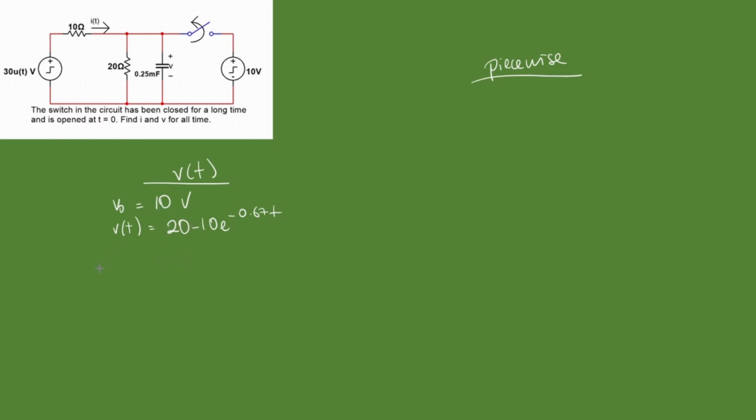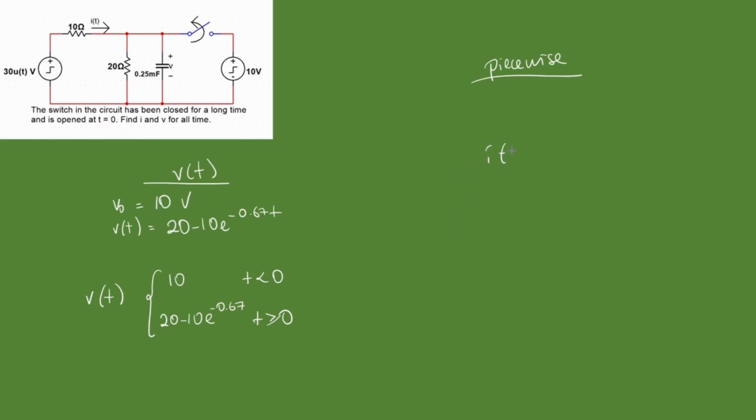So you're now going to say V as a function of, for all time, we're going to draw a piecewise function. This first half is going to be for t less than 0. So that's 10 volts for t less than 0. Then our expression, 20 minus 10 e to the minus 0.67t for t greater than or equal to 0. That's how you express solutions for all time.